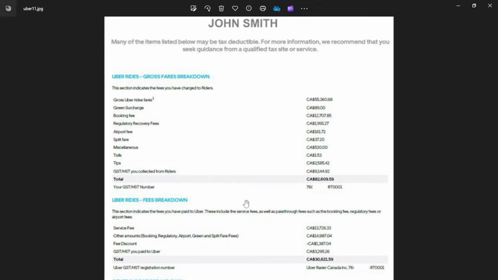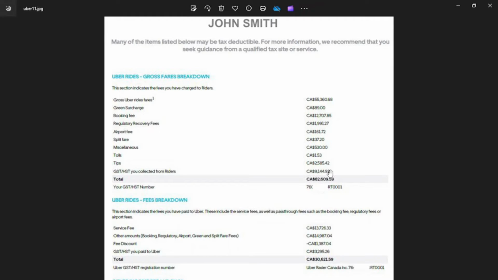In Ontario, he's required to collect HST on every ride he provides to every passenger. This is the HST that he collected throughout the year on all the rides he provided in 2023, 9,144. In technical language, we call this output tax.